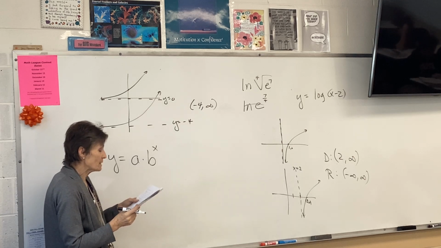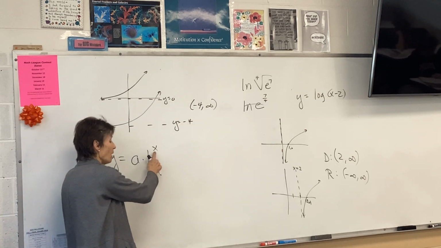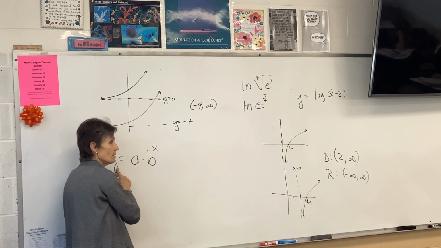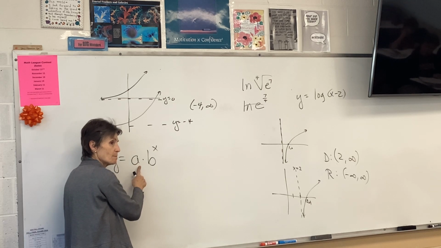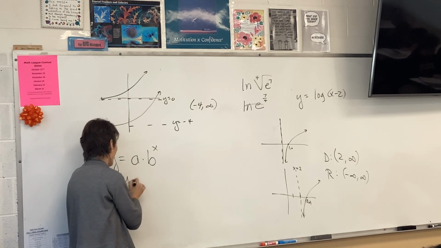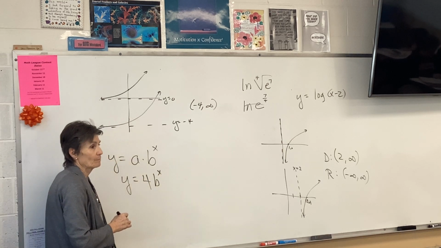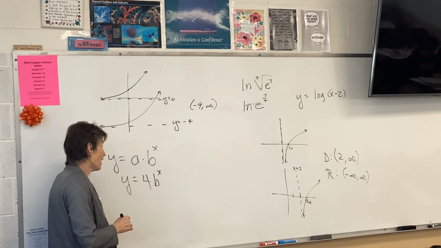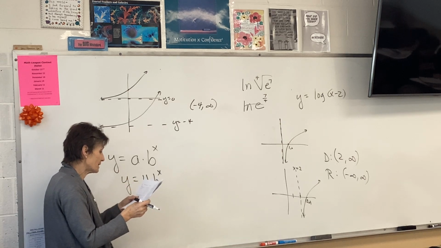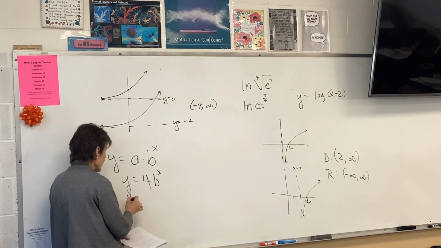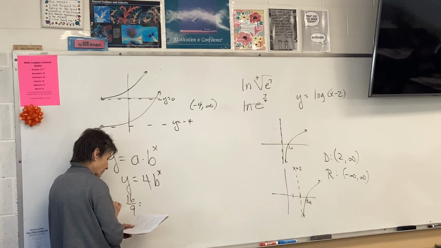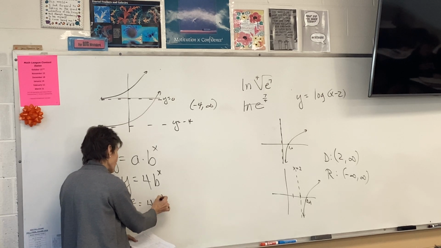Now, if we know the point (0, 4), then don't we know a has to be 4? So y equals 4b to the x. Now to find b, I'm going to plug in the other point, so 16/9 equals 4b squared.